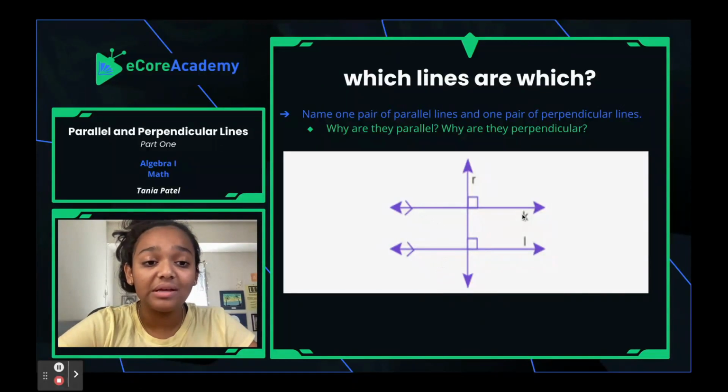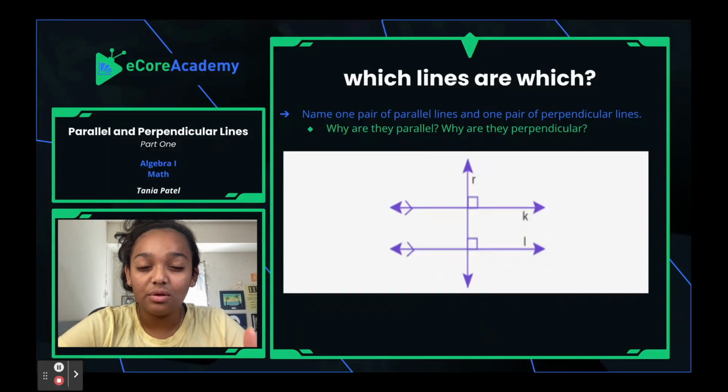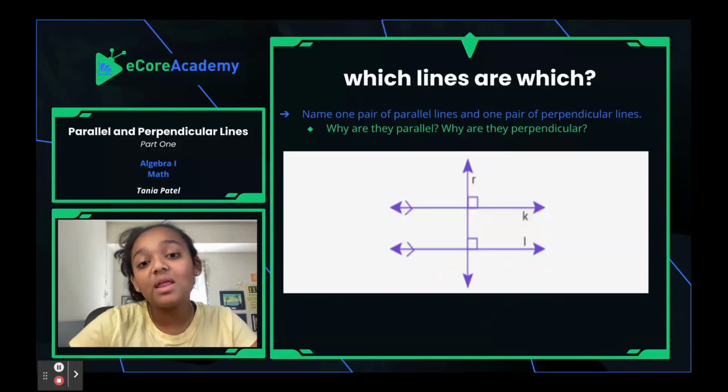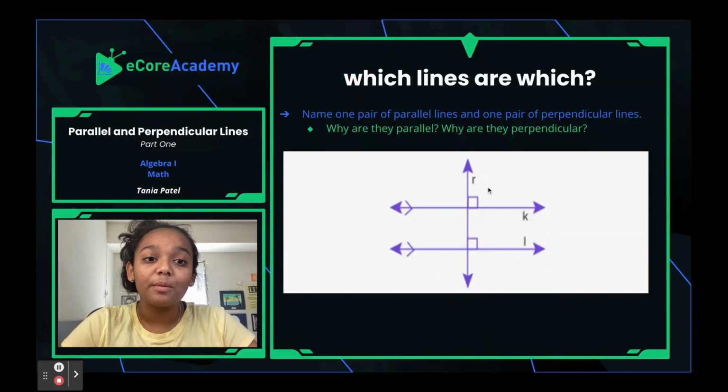We know that they're parallel because they're never going to intersect. We know that by this notation over here, but also it is pretty clear in the drawing. But like I mentioned before, we never want to just go off the drawing. We want to make sure that there is a reason we believe it, and in this case, it'd be the notation.